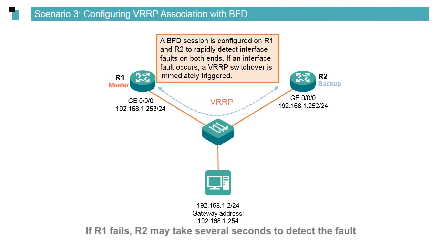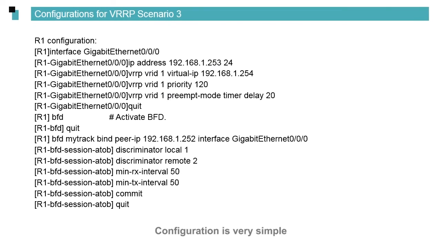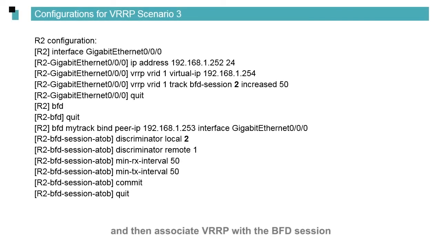If R1 fails, R2 may take several seconds to detect the fault. To enable R2 to immediately detect the fault, associate VRRP with BFD. Configuration is very simple. Configure a BFD session on R1 and R2, and then associate VRRP with a BFD session.